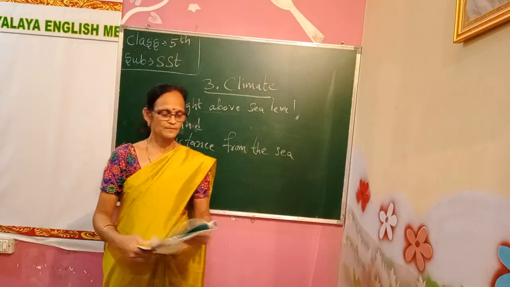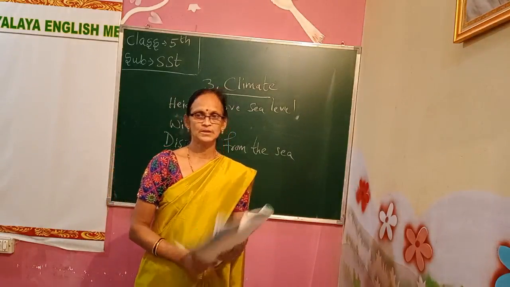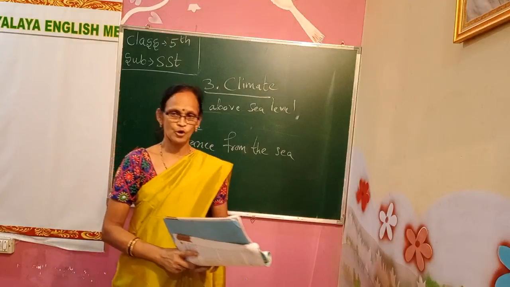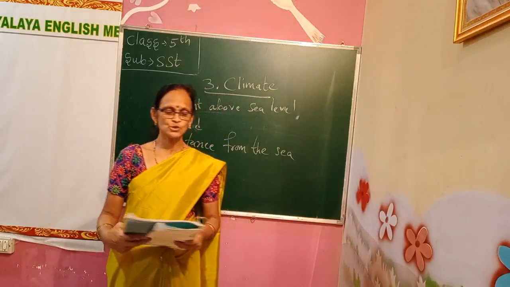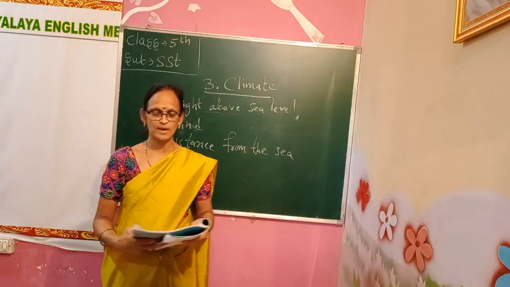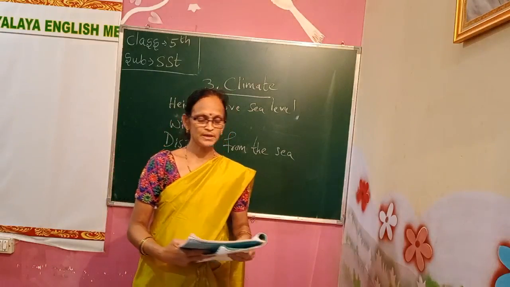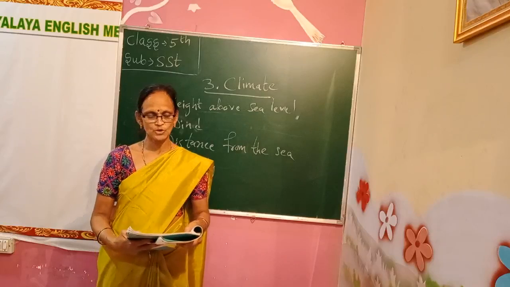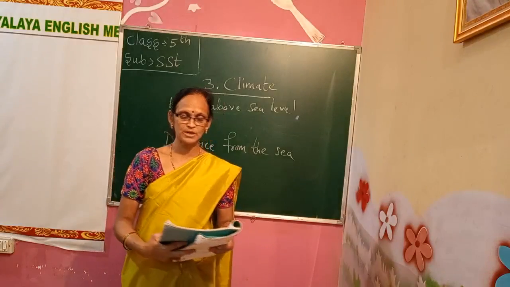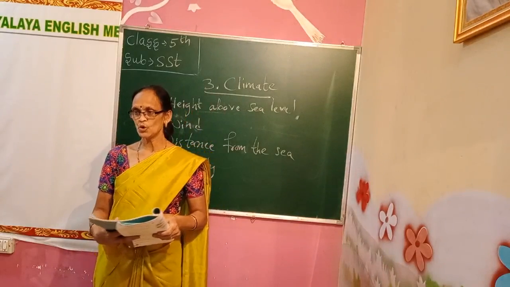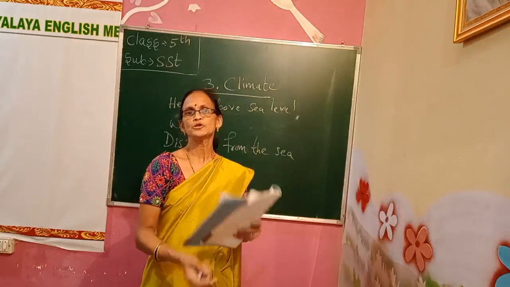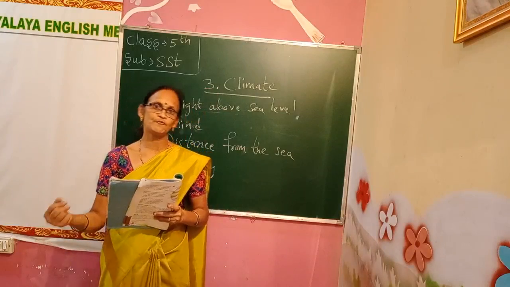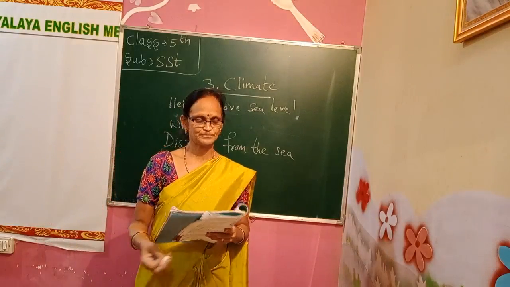The next factor is the distance from the sea. Places closer to the sea have a moderate type of climate as compared to those located in the interior, if they lie at the same altitude. This is because water heats and cools more slowly than land. Water heats up slowly and also cools slowly, but land heats up fast and also cools fast.